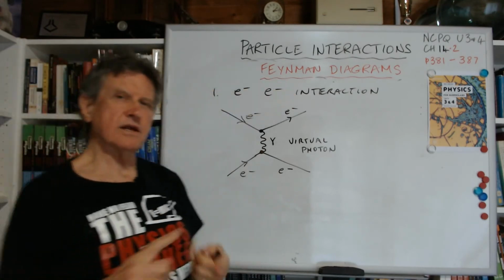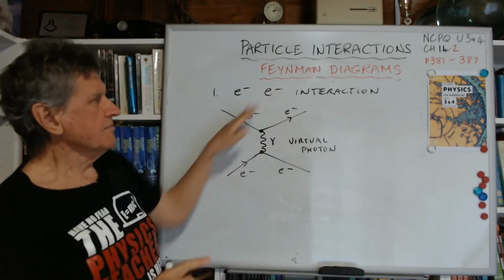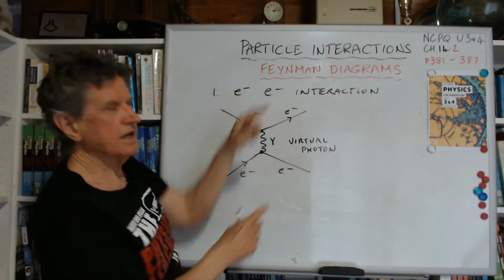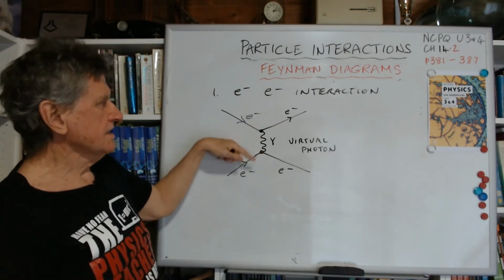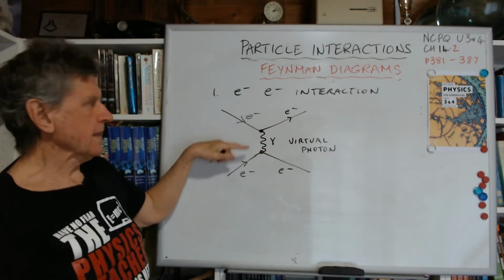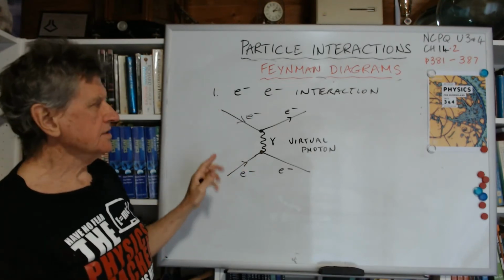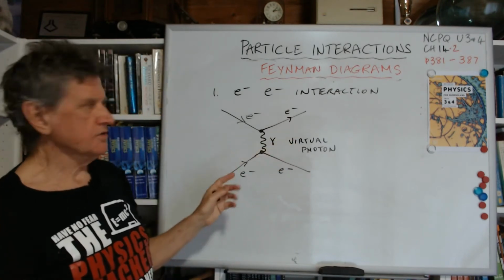The other thing you'd have to conserve is momentum and energy. So the difference in momentum between that and that has to be accounted for by something going on between, and this linking particle, and in this case it happens to be a virtual photon, so it doesn't have the normal photon properties, it's a virtual one.